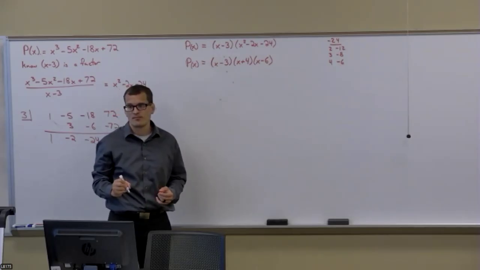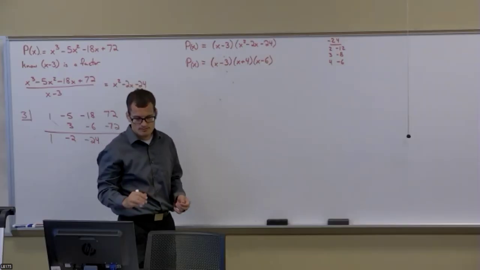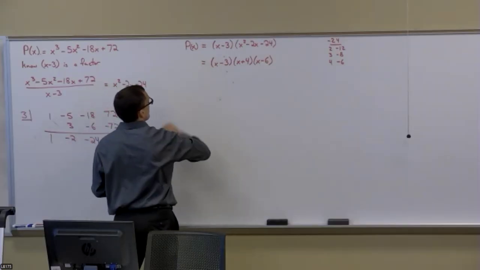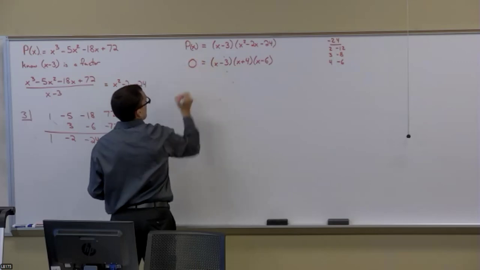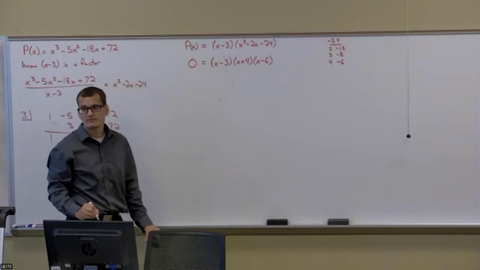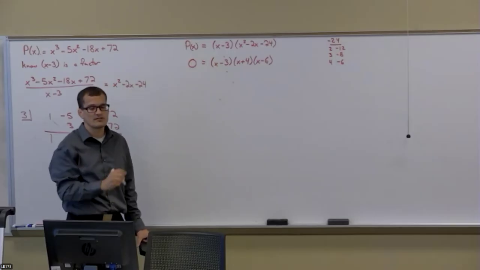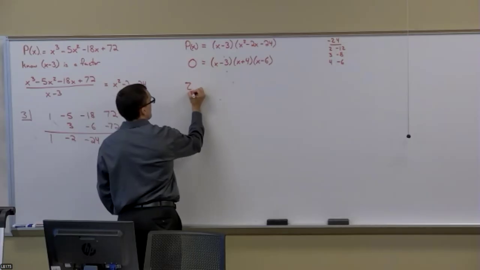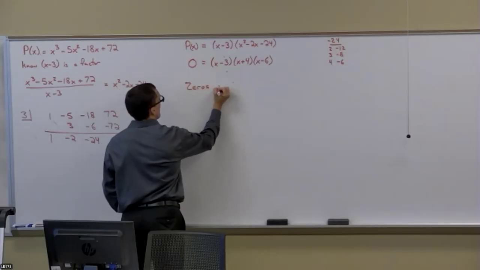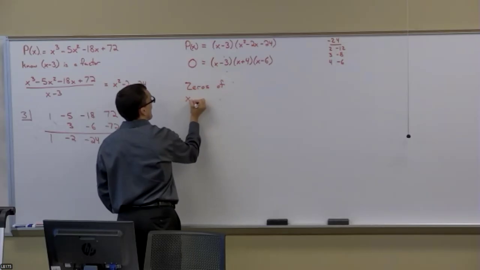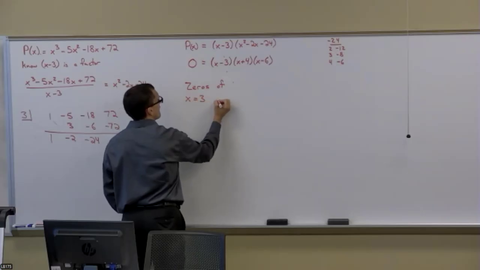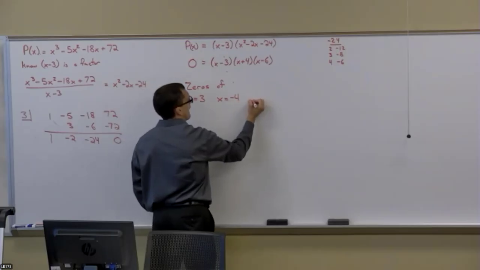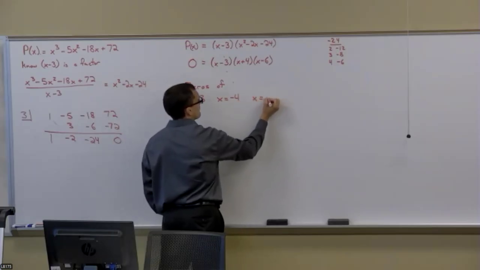So if I'm looking for zeros, I'm basically asking to solve this equation here, right? I'm asking to solve this equation. So we're going to get zeros of x equals 3, x equals -4, and x equals a positive 6.